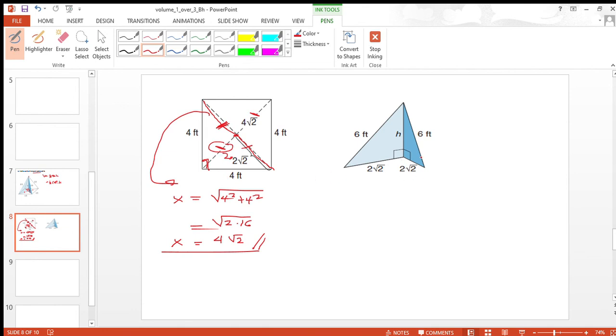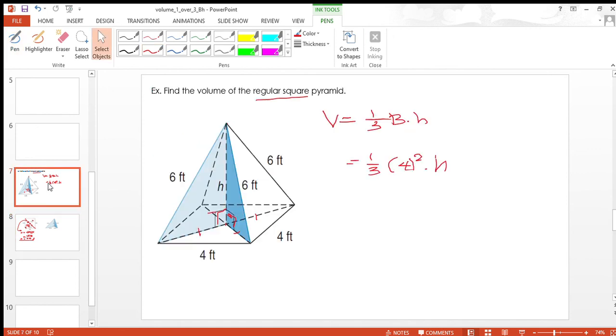So going back to your diagram, this is 2. Let me use another color. This must be 2 square root of 2. This is also 2 square root of 2.